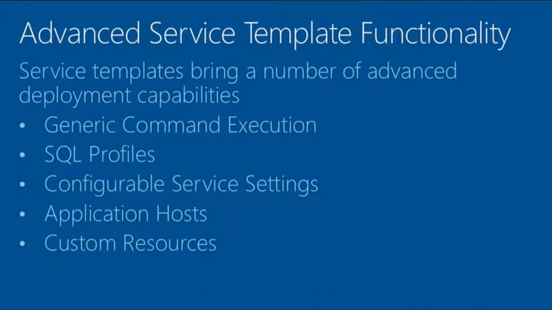I want to delve into that in slightly more detail. And we want to look at some of the other configurable service settings. There are some other capabilities that will allow us to do more automatically as part of this service template, so we need to rely on external processes less as we go along.